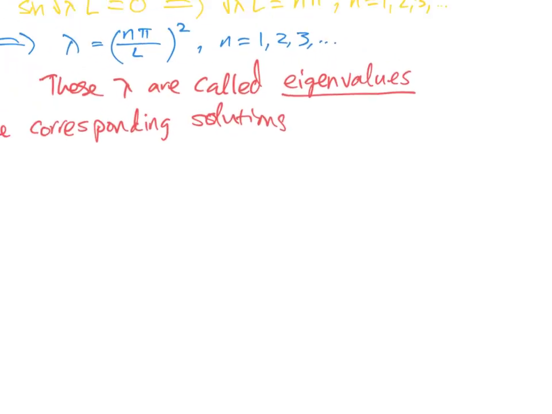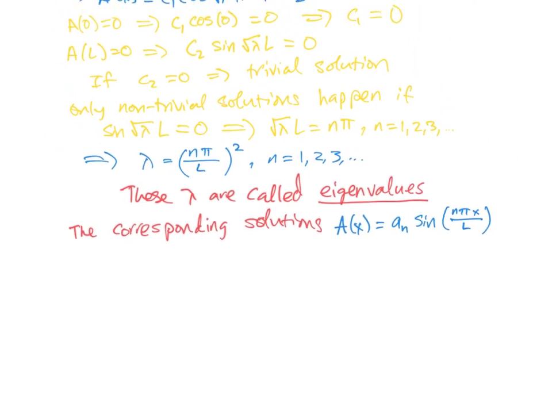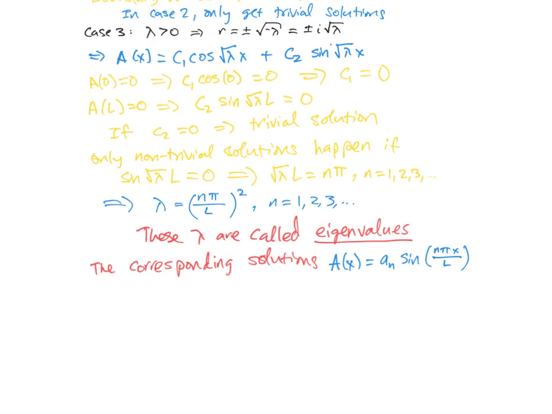So that means our a of x equals, now instead of writing C2, I'm going to write An times sine of n pi x over L. And that n pi x over L came from up here when we plug in our n pi over L squared for lambda.